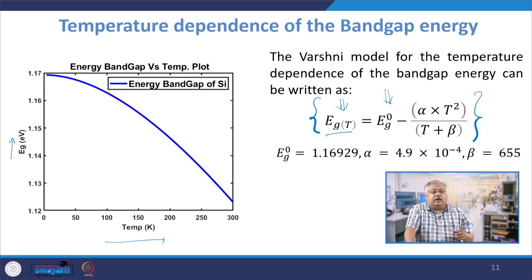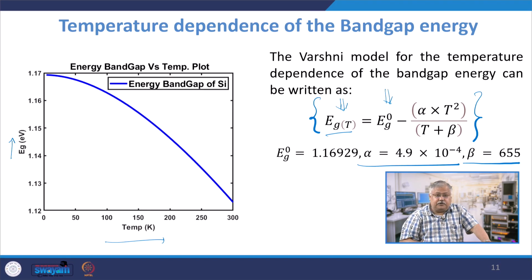However, please understand that this apparently small change actually changes the carrier concentration drastically, and that makes the temperature dependence of band gap an important parameter to check. This is of course experimental data, and the beta value is 655 and the alpha value is 4.9 into 10 to the power minus 4.